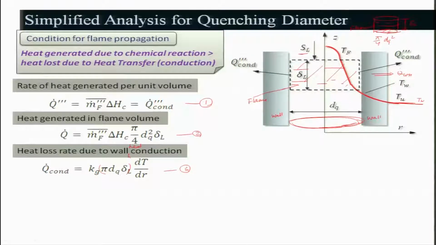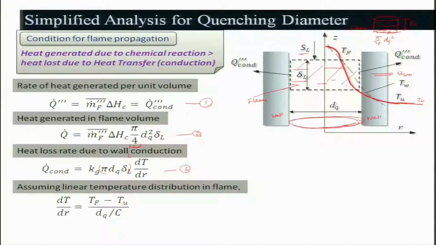What we will assume is a linear temperature profile, right, because this is non-linear, but however we will consider it linear. Then we will find dT by dr as Tf minus Tu over dq by C. If C is equal to 2, then it will be linear, but otherwise, if C takes some other value, it will be different, right.